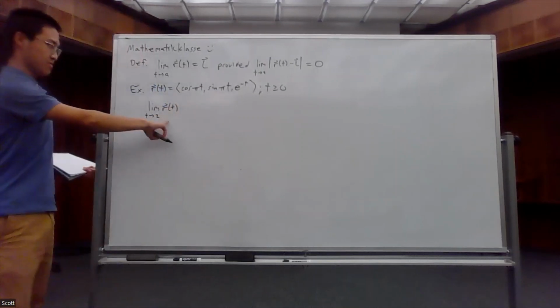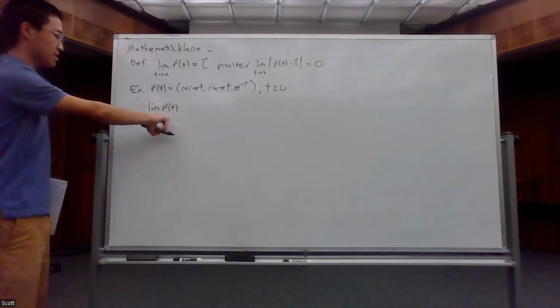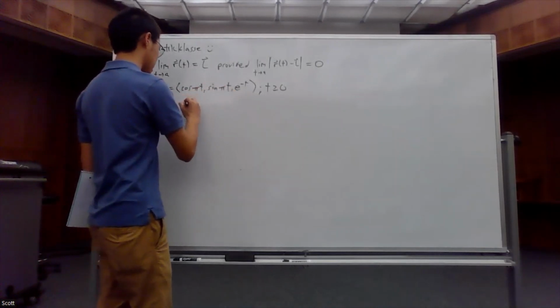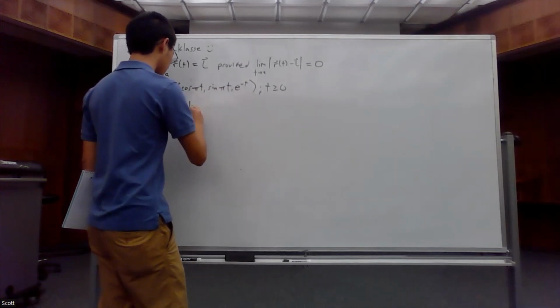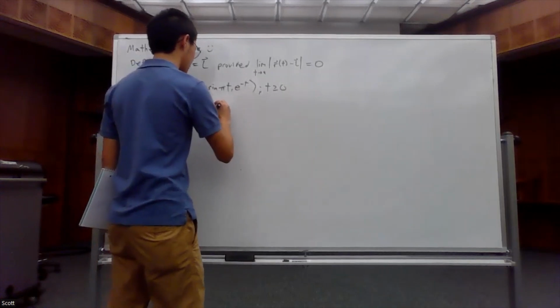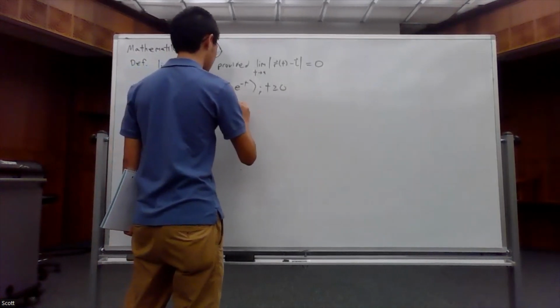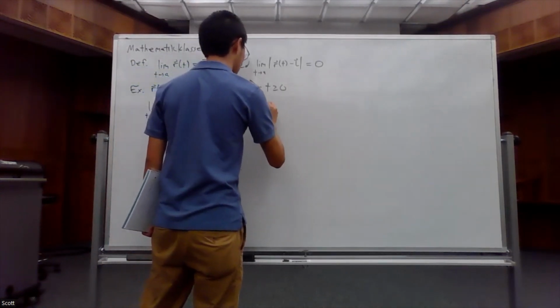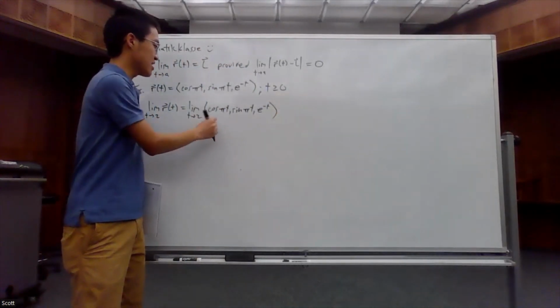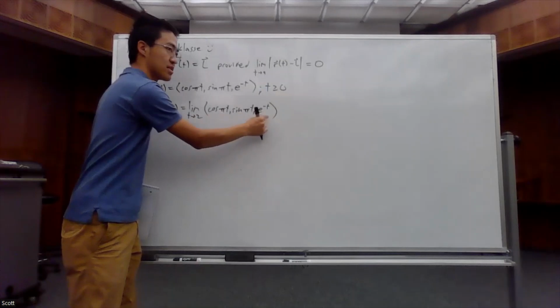If you see this, the first thing you want to do is realize that I'm going to be taking the limit of all these different components. So the limit as t approaches 2, let's plug in what this vector actually is: cosine pi t, sine pi t, e to the minus t. We're going to take that limit for every single component.